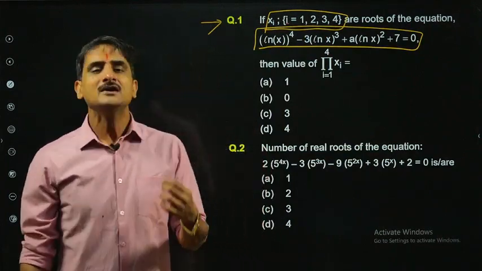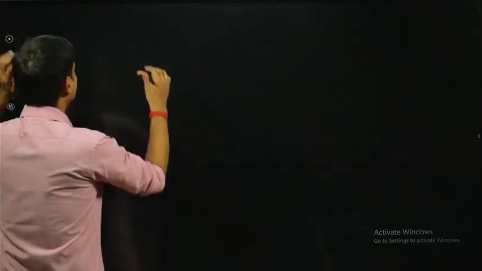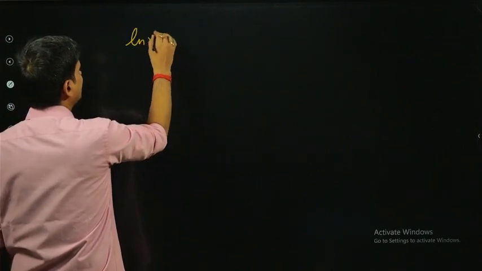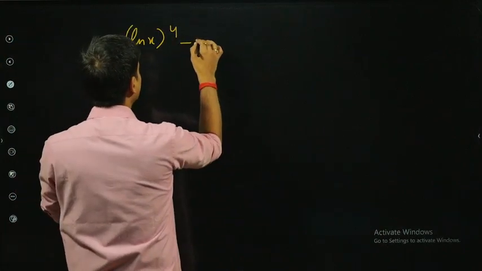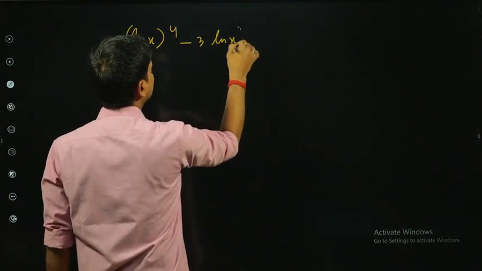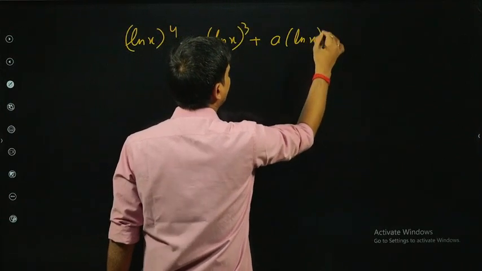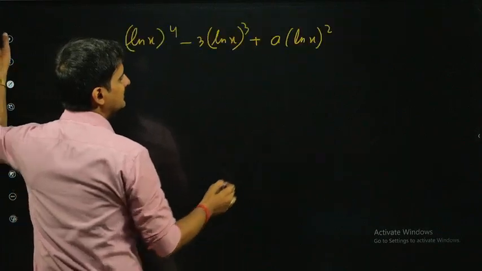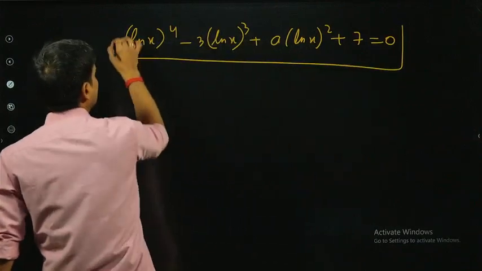Answer is no. It's an equation involving log terms. The given equation is (ln x)^4 minus 3 times (ln x)^3 plus a times (ln x)^2, plus 7 equal to 0.